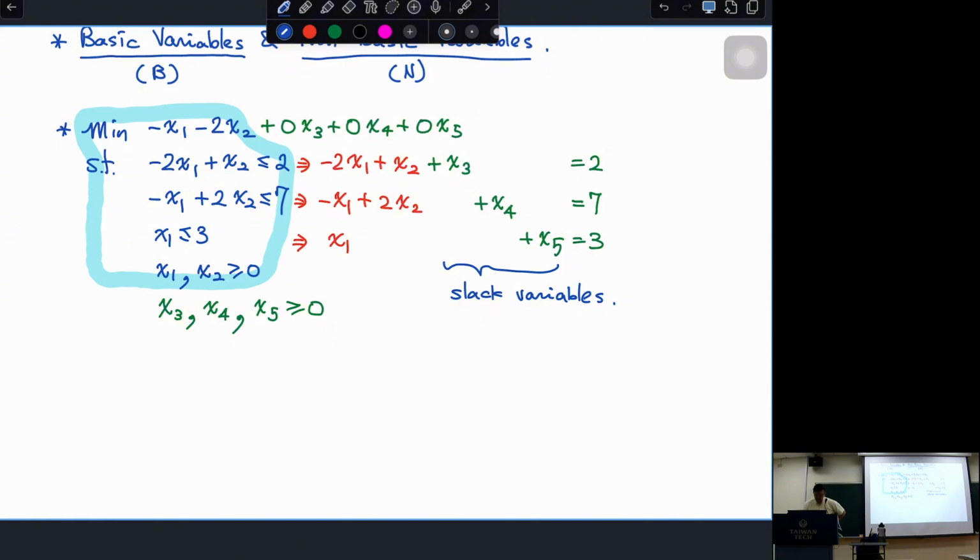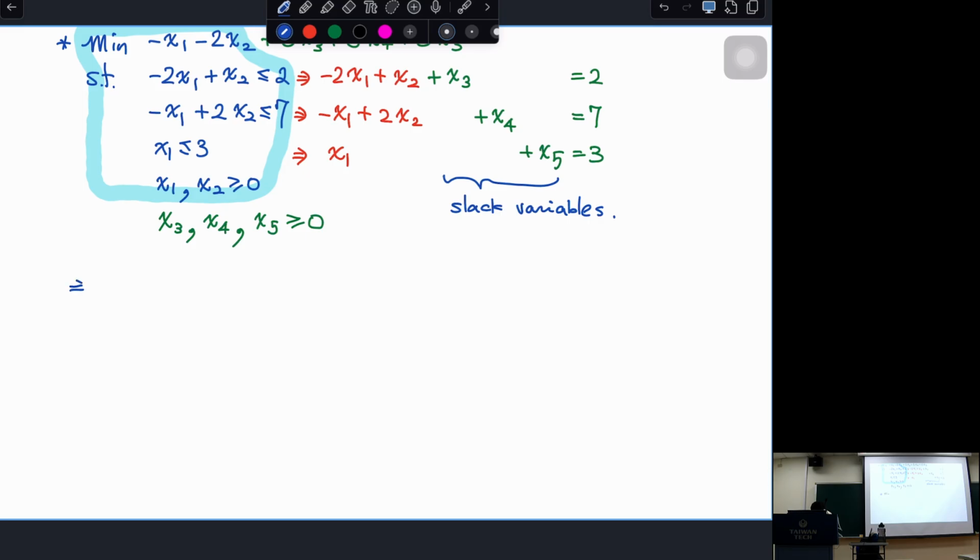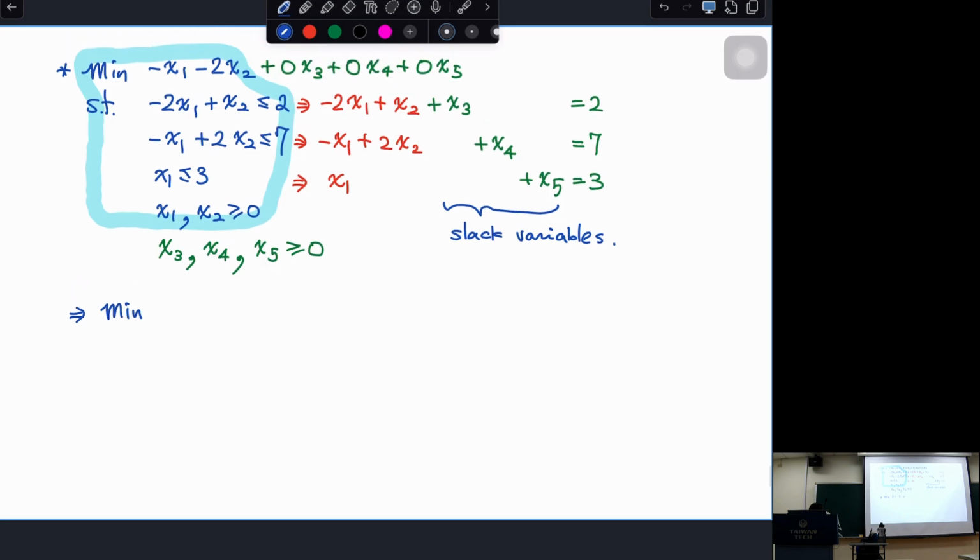Okay, so now I can write it in a vector and matrix form. Rewrite the whole thing in vector and matrix form. So over here, actually, you have x1 to x5.